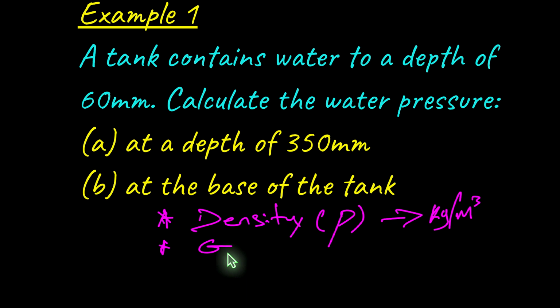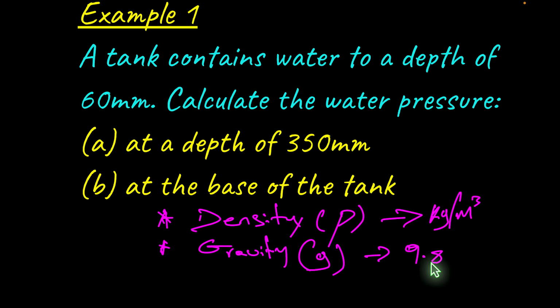I'll just write that as gravity, and that will be represented by the letter G. And the value that we use for gravity is 9.8. We're just going to use 9.8 in this example. And the unit for gravity is meters per second squared, because it's gravitational acceleration.